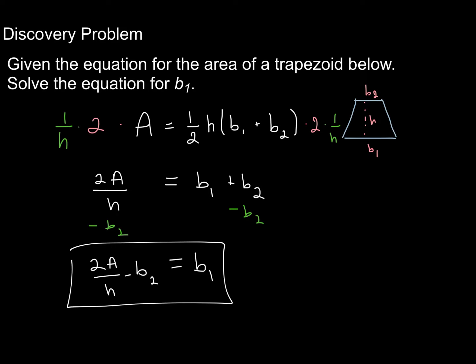So in this particular situation, I've manipulated my equation now so that I could find the value of b sub 1 more easily if I knew the value of the area, the height, and b sub 2, or the second base value. So depending on our situation, we'll want to maneuver our equations so that we're solving for a variable that is useful to us. And we'll continue to do this in real-world situations moving forward.